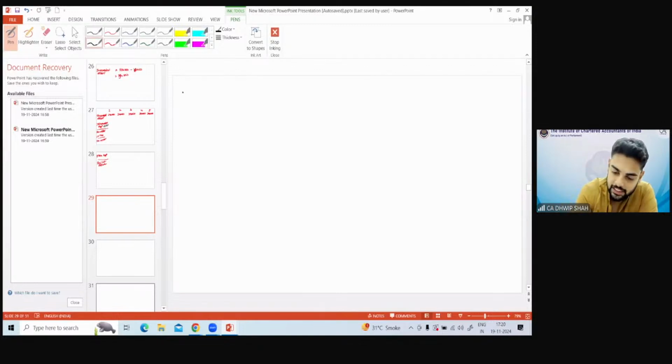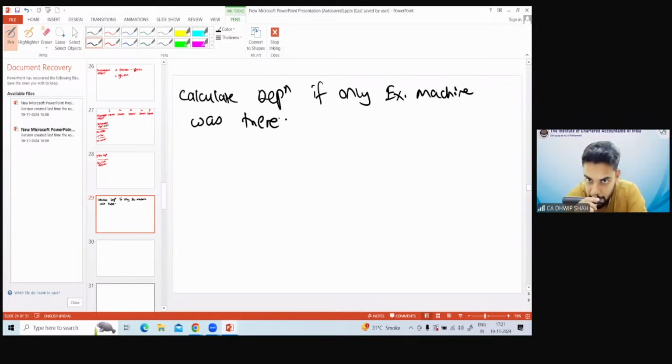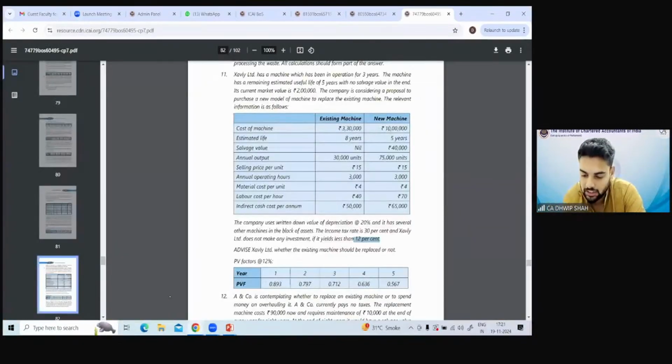Again, let's calculate depreciation if only existing machine was there. Then how much would be my depreciation per year? Bolo. If only existing machine was there, the original cost is 330 and the rate of depreciation is 20%.